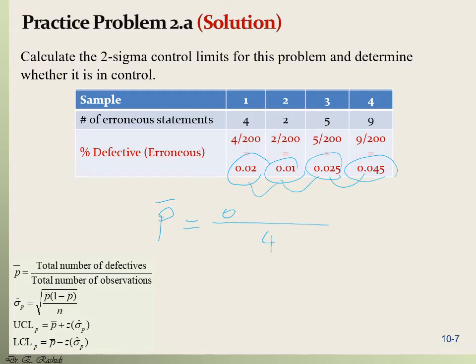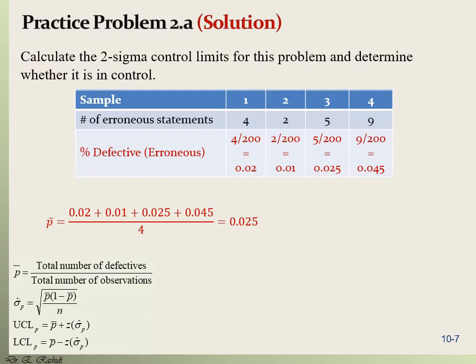So that's 0.02 plus 0.01 plus 0.025 plus 0.045. Divide them by 4. And that's equal to 0.025. So our estimation of the proportion, in this example, proportion of erroneous statements is 0.025.